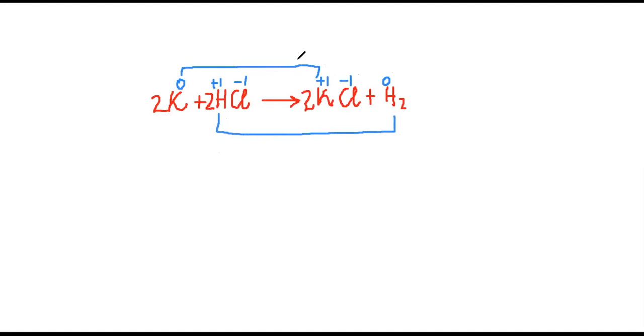So we have already discussed that an increase in oxidation number is oxidation. So which element is oxidized? Potassium. Now where is the decrease? A decrease in oxidation number is reduction.